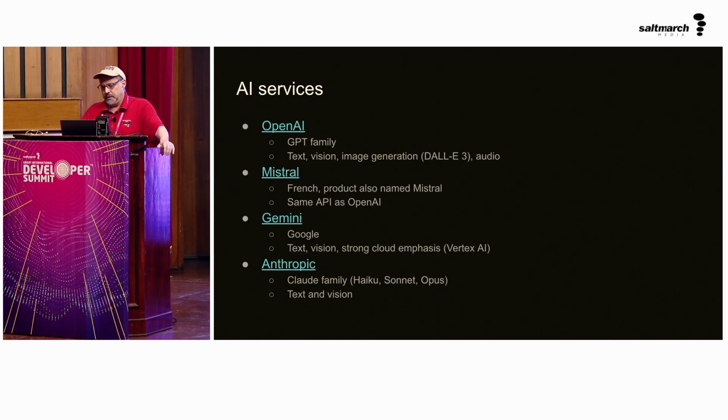Mistral is the really interesting product out of France. The group is based in the Paris area. And what's interesting about Mistral is that they actually use the same API as OpenAI. So if you've got one working and you want to use the other, you just change the endpoint and get a key, but that's the idea. Gemini is completely different. That's the one from Google.